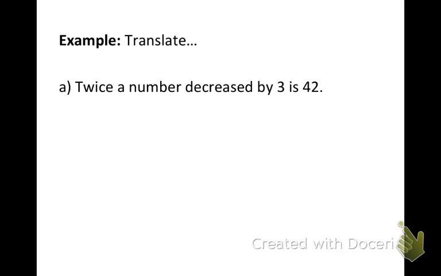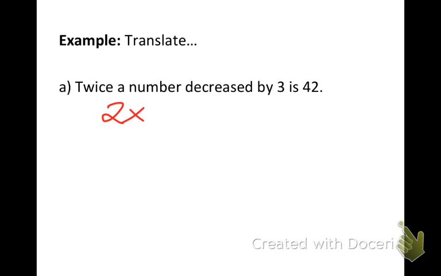Twice a number, decreased by 3, is 42. Don't need to solve it, just set it up. Assuming you all can solve it. Twice a number looks like what? Anybody?